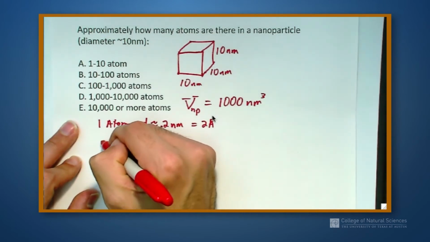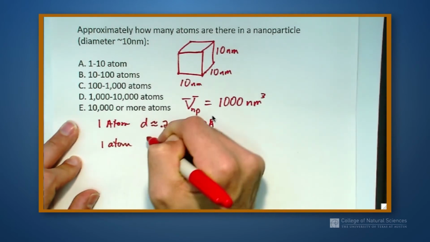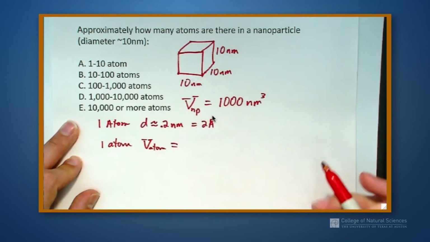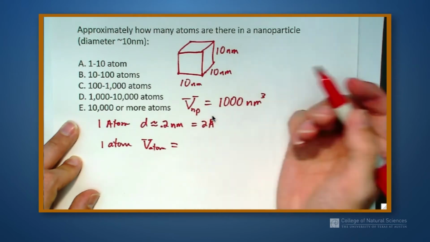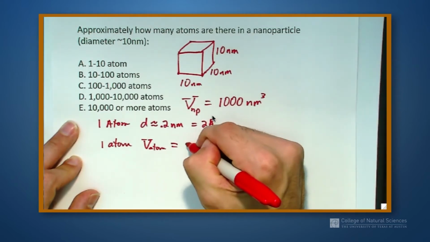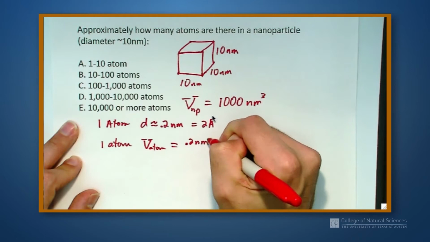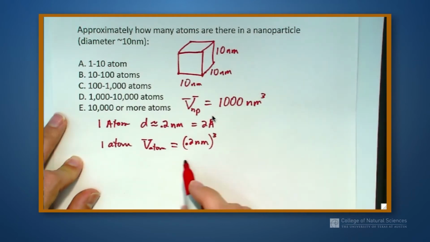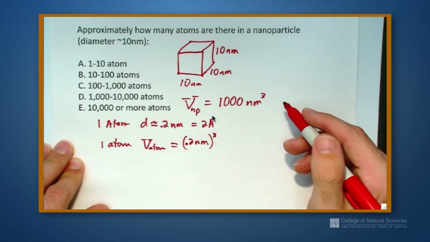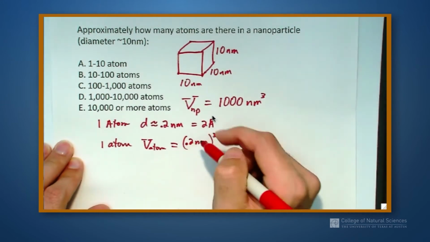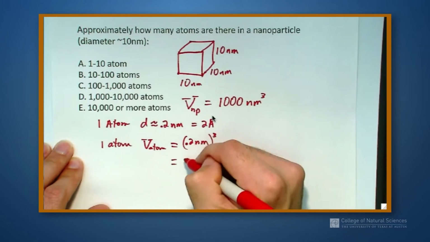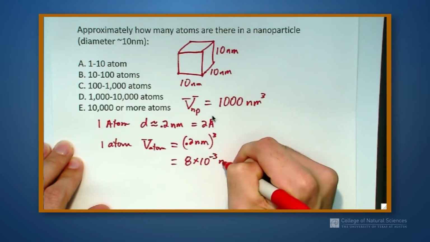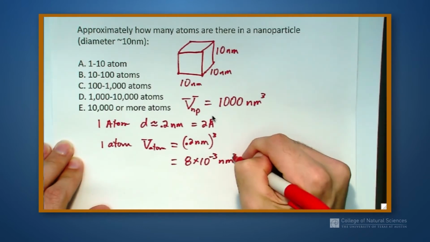Well, I know that one atom has a volume of, let's say, another cube, 0.2 nanometers cubed. 0.2 by 0.2 by 0.2, which is going to be 8 times 10 to the minus 3 nanometers cubed.